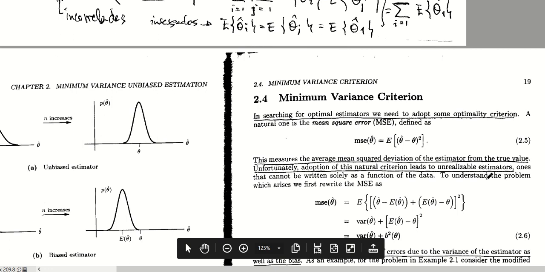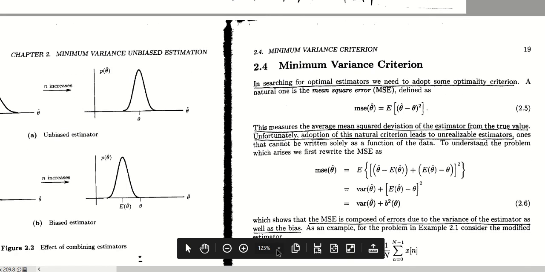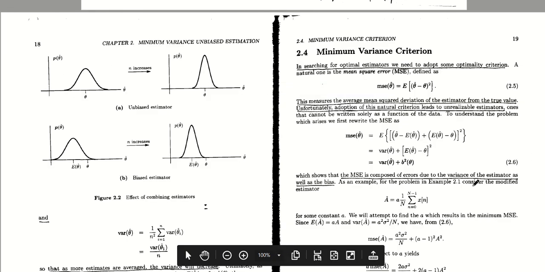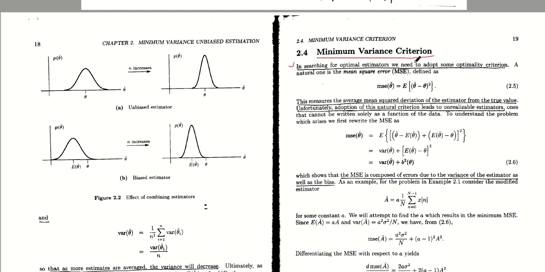Okay, so let's continue to the next subsection: minimum variance criteria. In search for optimal estimators, we need to adopt some optimality criteria.